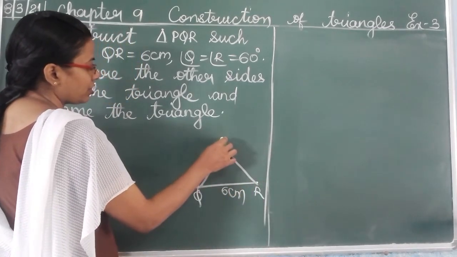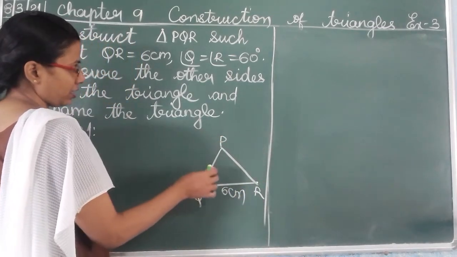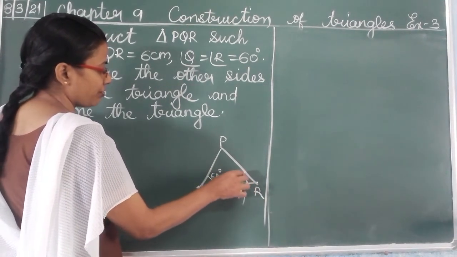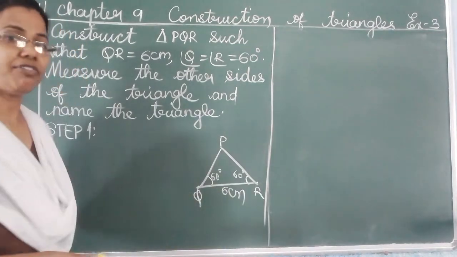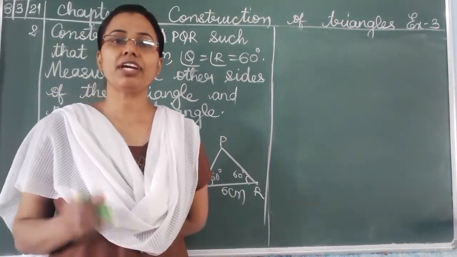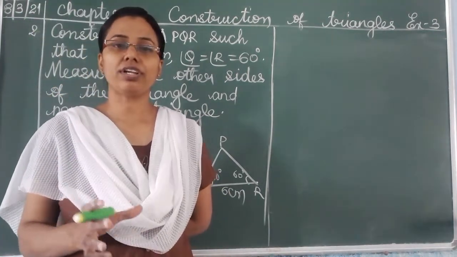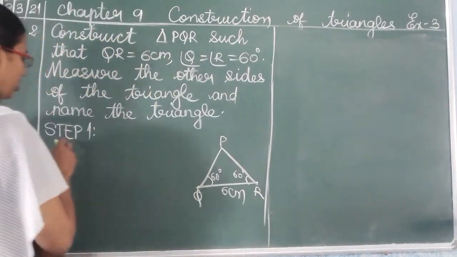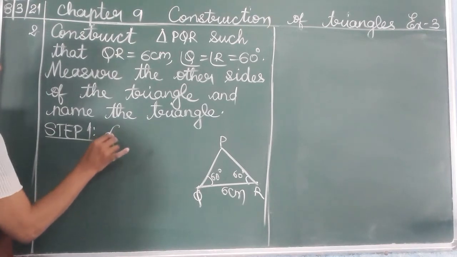So this is PQR. This is 60 and this part also is given as 60 degrees. After we make the actual construction, we are going to write what is the type of triangle that we have drawn.